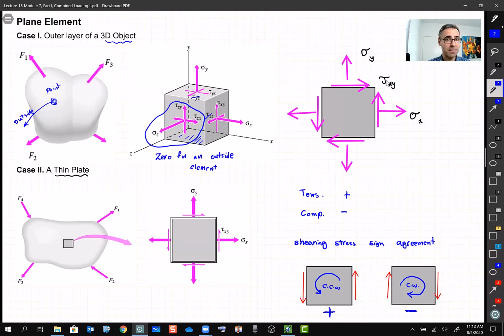I wished somebody in the past taught me like this, because it took me a long time to figure out things on my own. If you read the textbook, you realize it hasn't been explained that simply. Or many teachers just say, well, we have an element, it's 3D, and these are the stresses, without explaining where they come from, right? And then nobody explains when we can consider an element 2D. But here you saw we have the outer layer and we have a thin plate, all right?